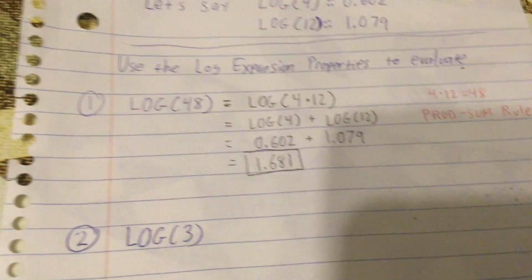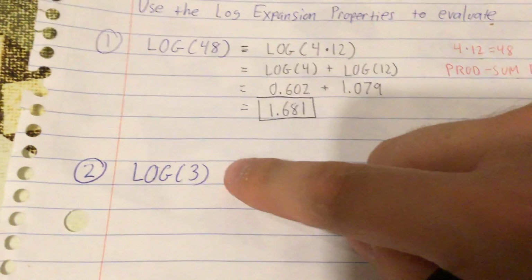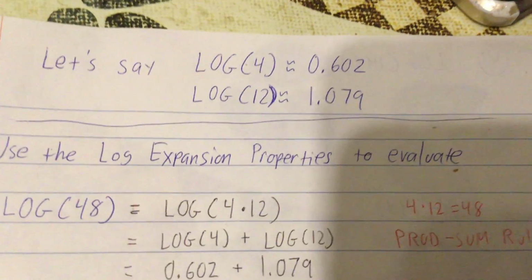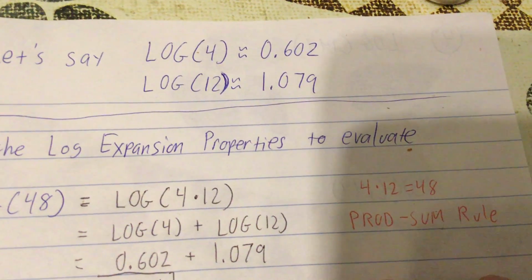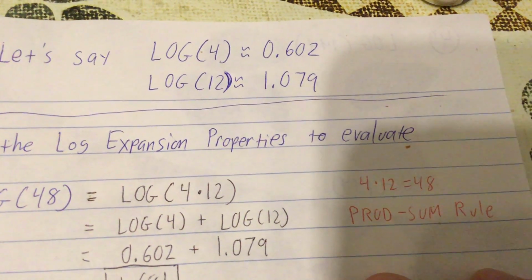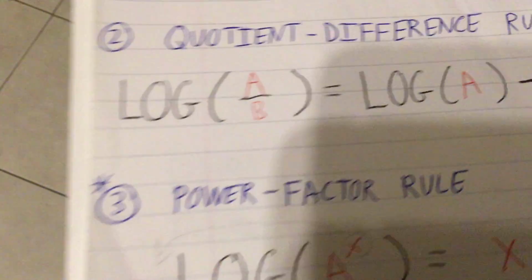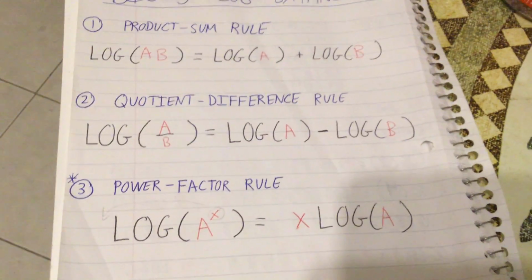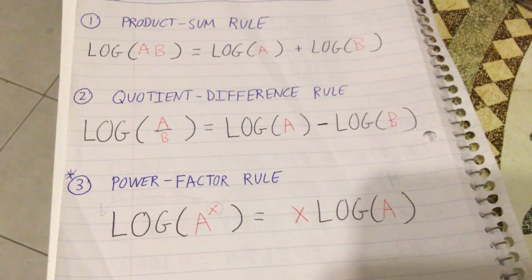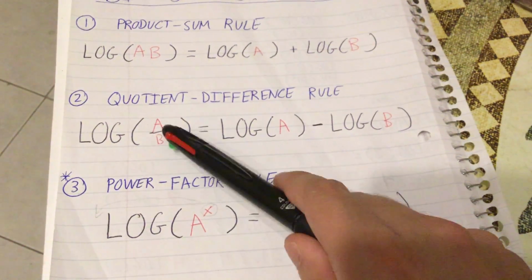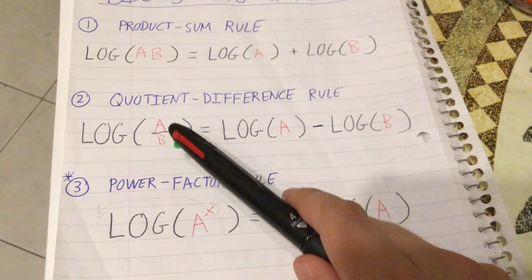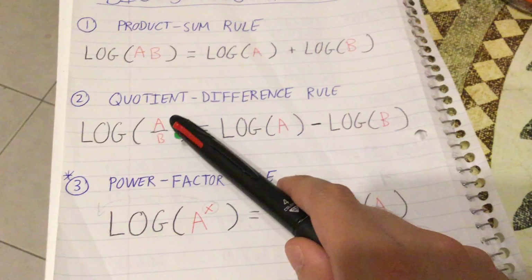Okay, well now, we want to figure out what log of 3 is. Okay, if I know log of 4 and I know log of 12, how could I use the big 3 to solve for log of 3? I'm going to use the quotient difference rule because I know 12 and 4 can only result in 3 if I do division on the inside.